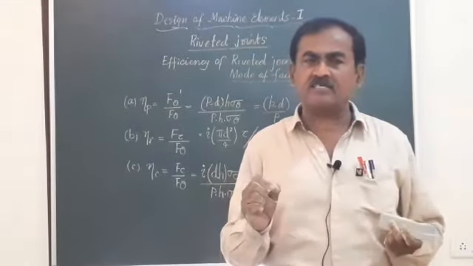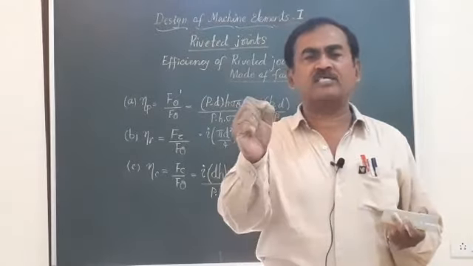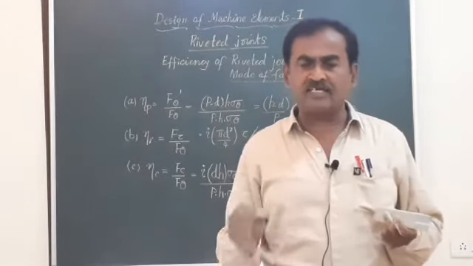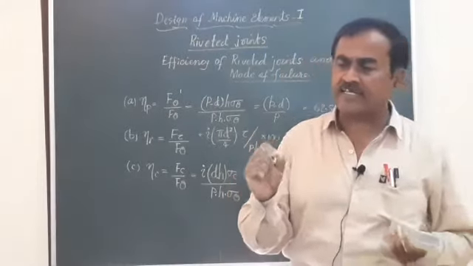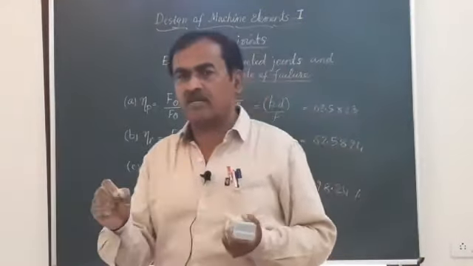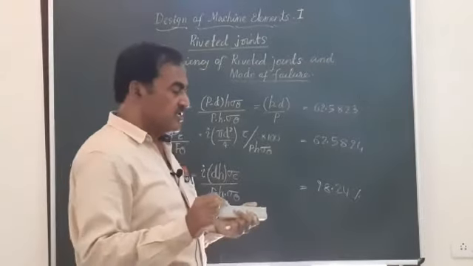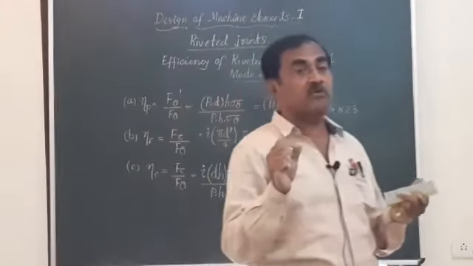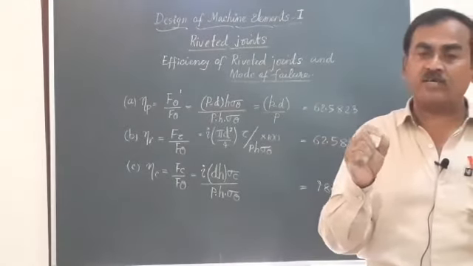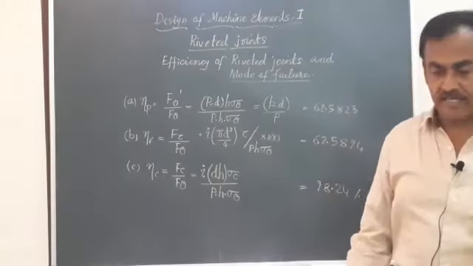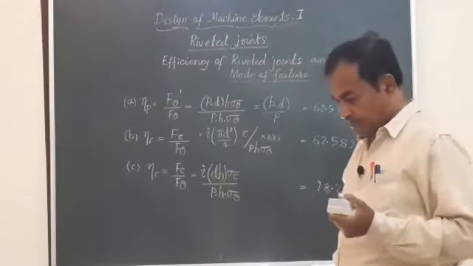Only thing is, you have to have thorough usage of the data handbook and see what is available where, and by selecting the proper table and the proper equations, you will be able to save more than 25% of the time that you are going to spend on a numerical example.